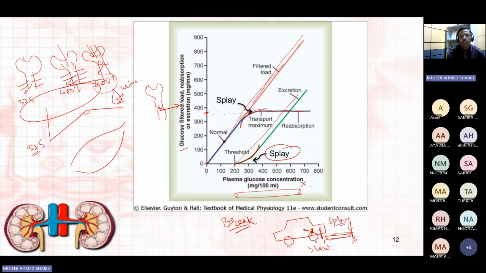It is not becoming positive; it is taking slightly longer. Even for reabsorption, we say when 375 is reached, the kidney should absorb everything, but it is not happening. It is still throwing out some of the glucose. This is known as splay. The difference between expected level and the actual level is called splay.